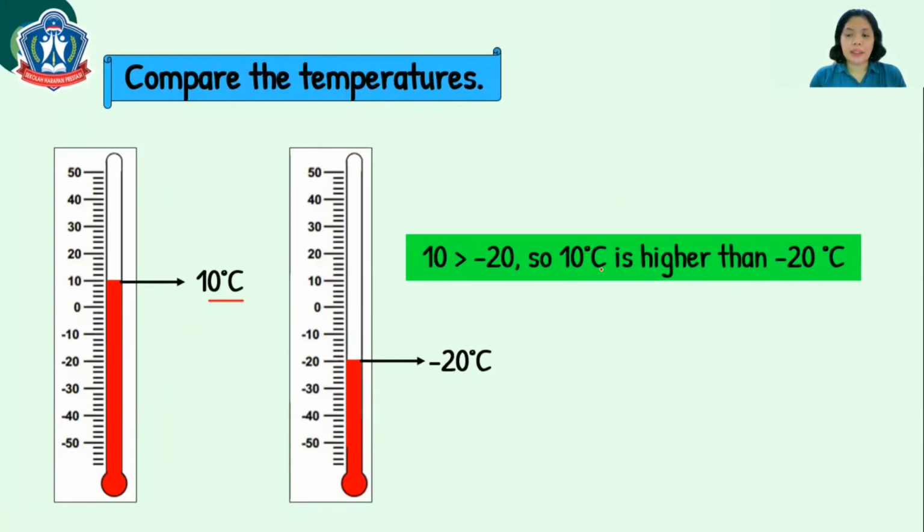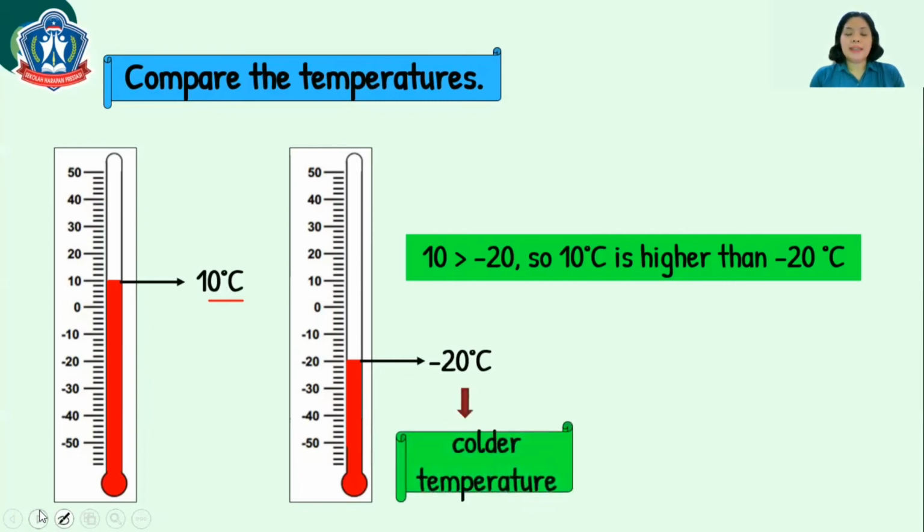So 10 degrees Celsius is higher than negative 20 degrees Celsius, or warmer than negative 20 degrees Celsius. Which of these temperatures is the colder one? Correct. It's the negative 20 degrees Celsius because it's below 0, below the freezing point of water.